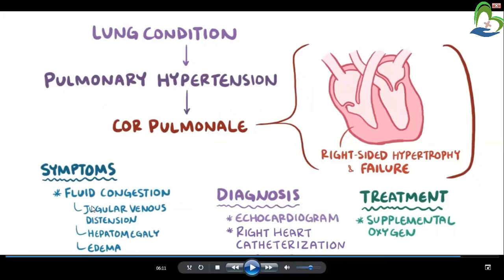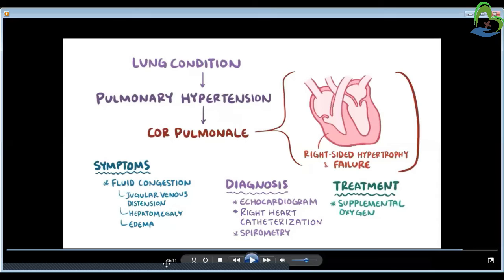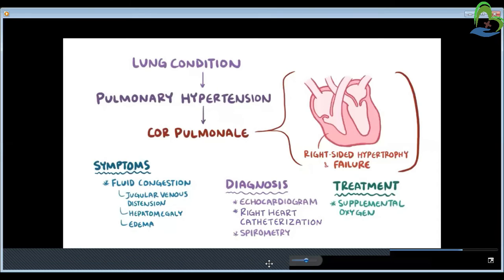Its symptoms are fluid congestion, jugular venous distension, hepatomegaly, and edema. Diagnostic evaluations can be echocardiogram and right heart catheterization, and to treat the lung disorders we can supply oxygen to meet the demand and supply.